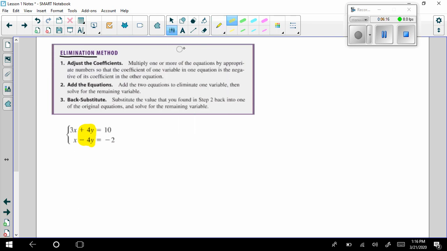It doesn't necessarily matter though. All right, so if opposite signs, then add, like this says up here. If it's the same signs, just subtract.